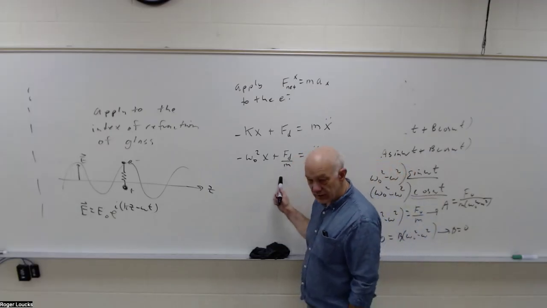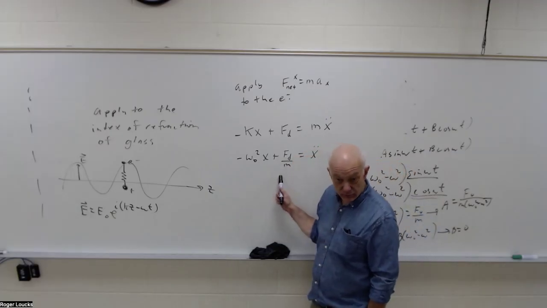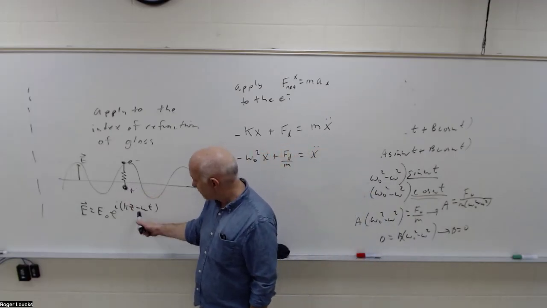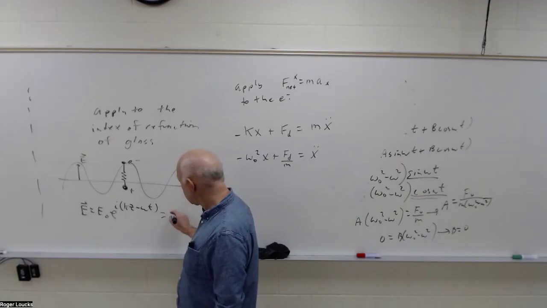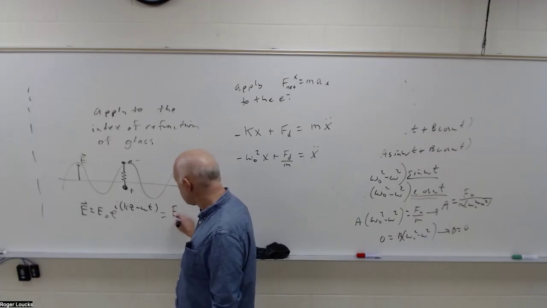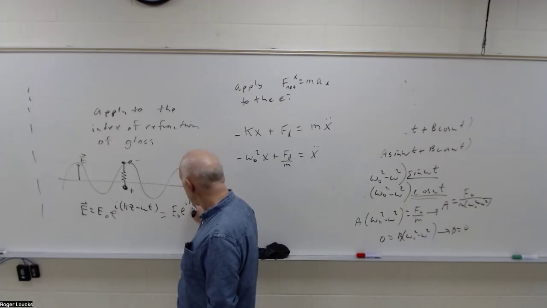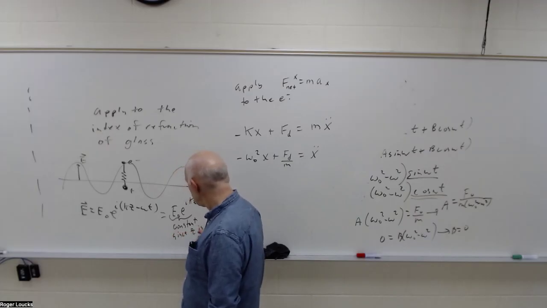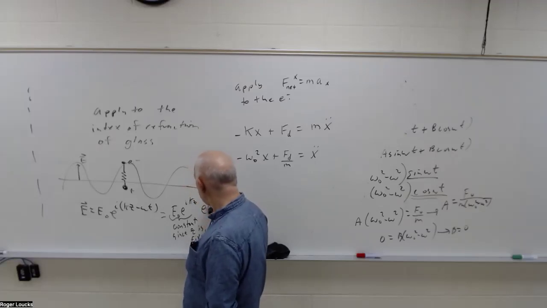Now, I'm actually at a fixed value of Z. This electron is fixed. So what's going to happen? This is a constant since Z is fixed, times e to the minus i omega t.